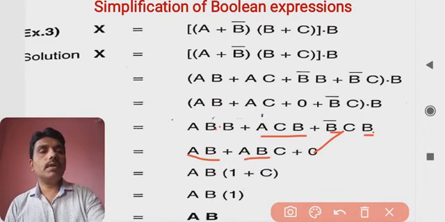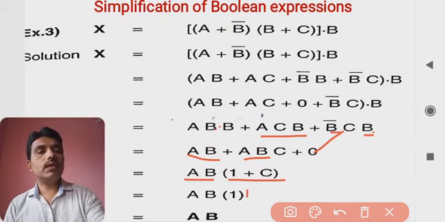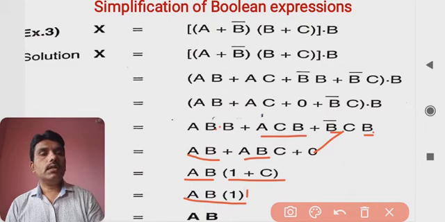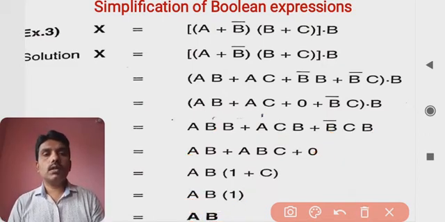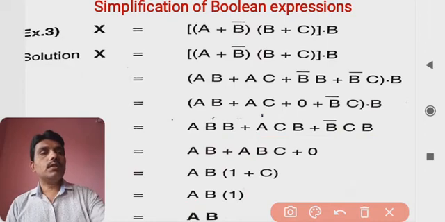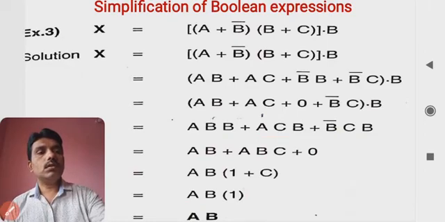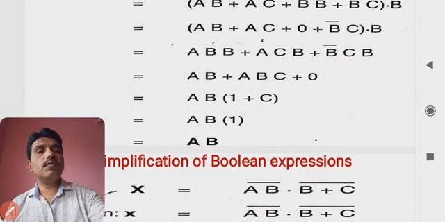AB जर मी कॉमन घेतला, the remaining term will be 1 or C. So 1 or C is always 1, that's why AB and 1 is always giving you AB as the final answer. So this is the simplification for the third expression.